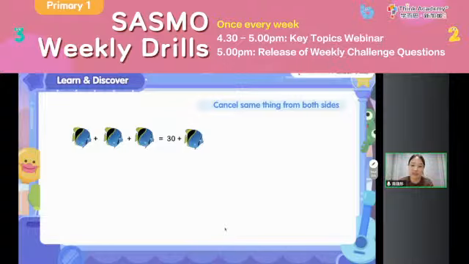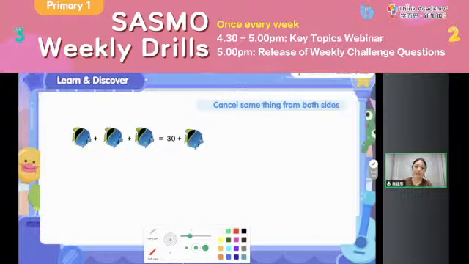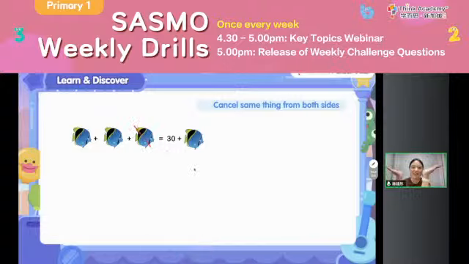If the teacher takes away 1 fish from the left side, then the left part will be lighter like this. So we also need to take away the same item from the right side. Okay, so fast, Jiayi, you got the correct answer. After we cancel the same thing from both sides, we can see that 2 fishes equals 30, so 1 fish equals 15, right? This is how we solve the problem.